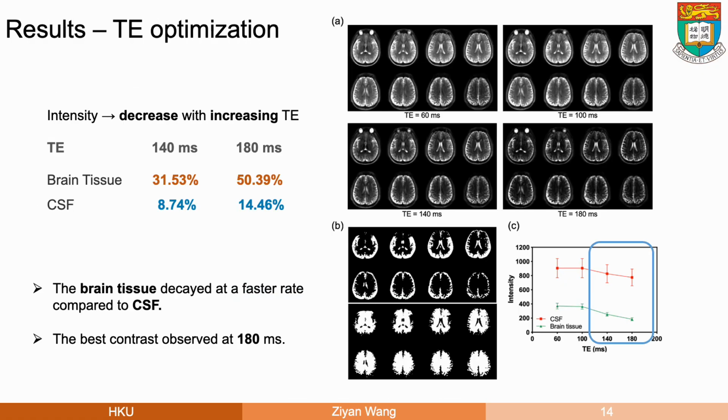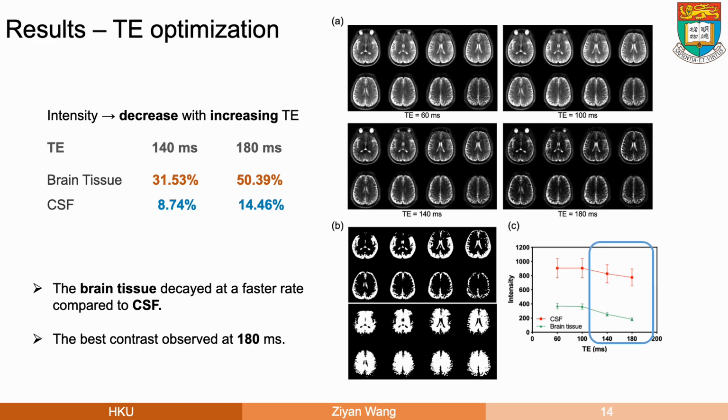In TE optimization, both CSF and brain tissue show intensity decrease with increasing TE, with a significant drop after 100 milliseconds. Notably, brain tissue decayed at a faster speed compared to CSF. To be more specific, at 140 milliseconds, brain tissue intensity drops by 31.53% and CSF intensity by 8.74%.